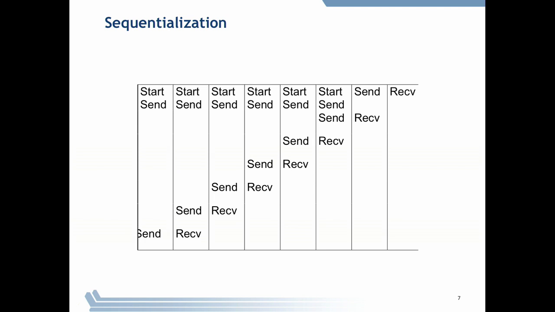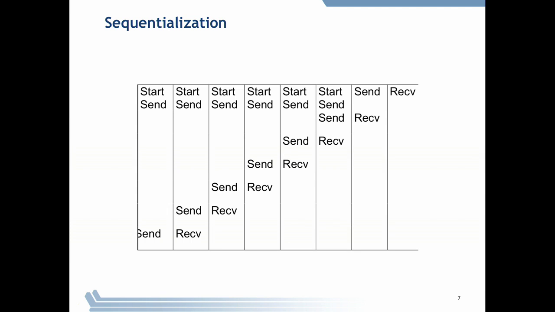Because what happens is every process starts doing its send to its neighbor below, but they have to wait until a receive is issued. Well, there's only one process that can do a receive, which is the process that has no neighbor.